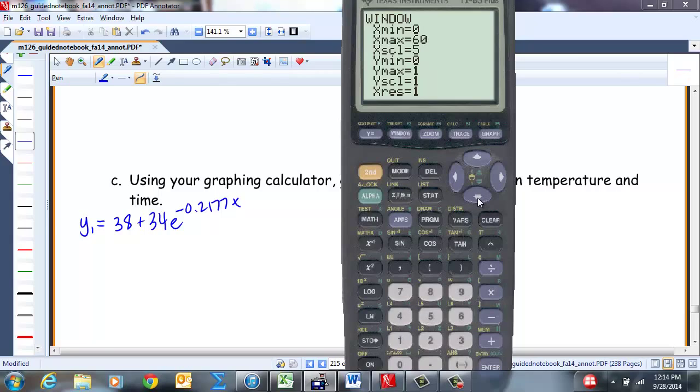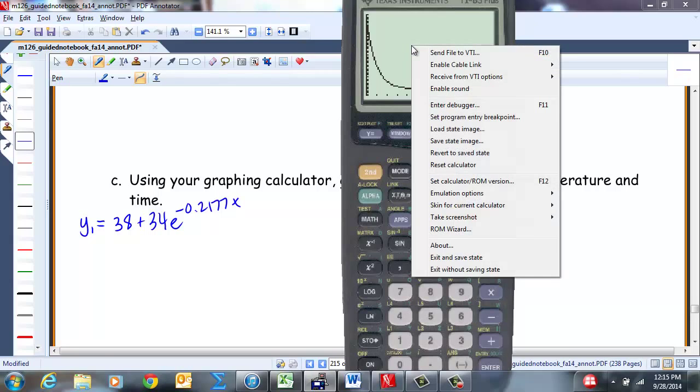And then the y minimum we can keep at 0, and the maximum I'll put 75 because it started out as 72. Actually, you know what? The minimum temperature is going to be 38, so let's go to 35. And then we'll graph. There we go. That worked out much better, didn't it? All right. I'll take a screenshot.